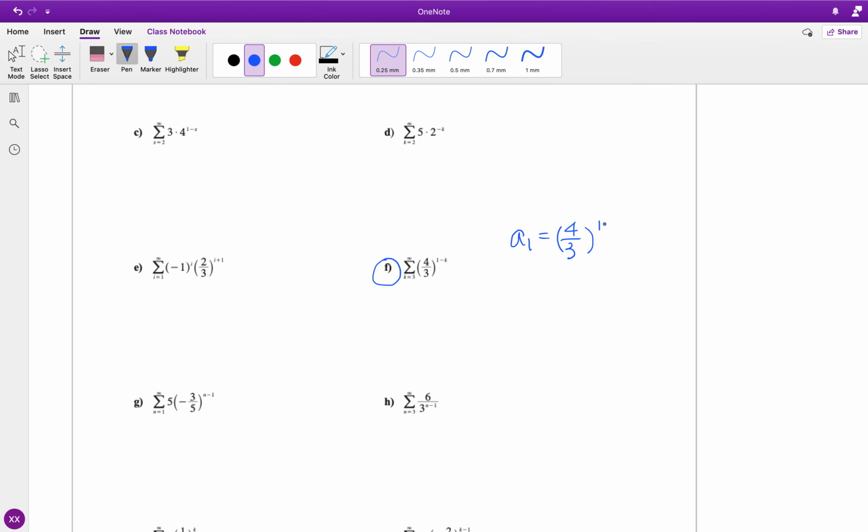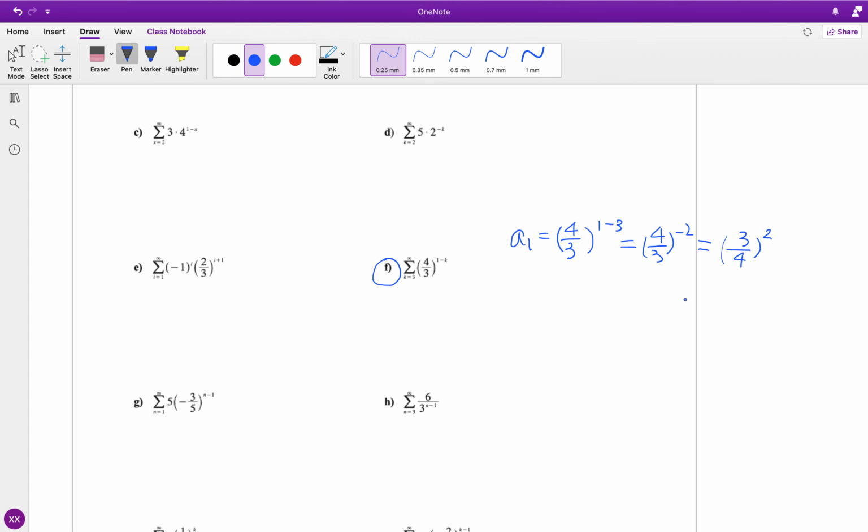So 1 subtract 3, that becomes 4 over 3 to the power of negative 2. If you're very fluent with negative powers, you just flip the fraction inside and it becomes a positive power. So that becomes 3 over 4 to the power of 2.